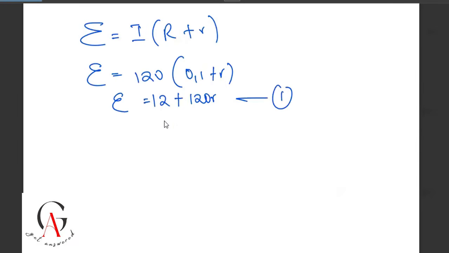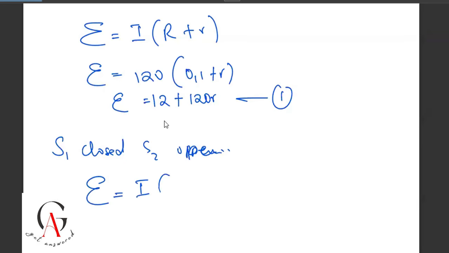And then when S1 is closed and S2 is open, our EMF is going to be the current into R effective of the parallel plus the small r. The current here is 2.24, not 42. So 2.24 into the effective resistance.